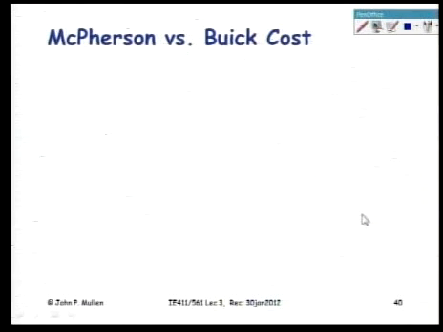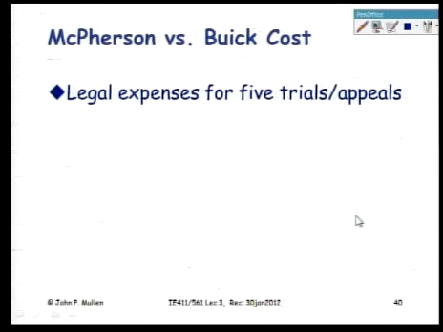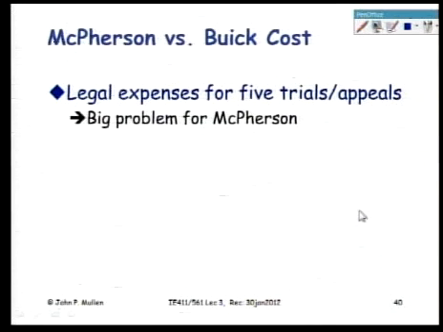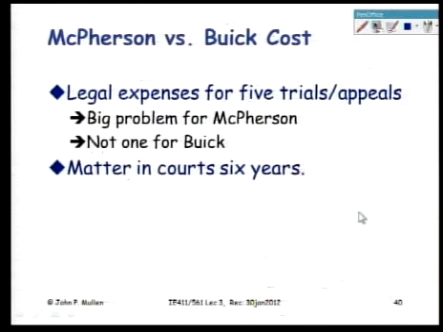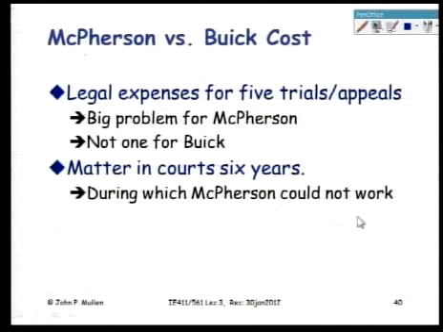So, what happened? Well, there were legal expenses for 5 trials or appeals. This was a big problem for McPherson. No problem for Buick. They had those lawyers on retainers. They paid them whether they worked for them or not. The matter was in the court for 6 years, during which McPherson could not work.